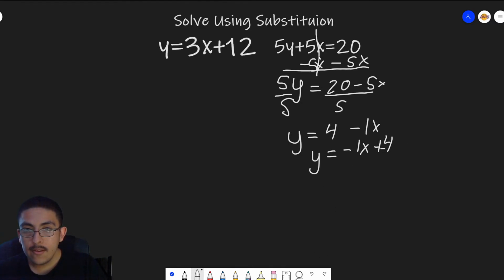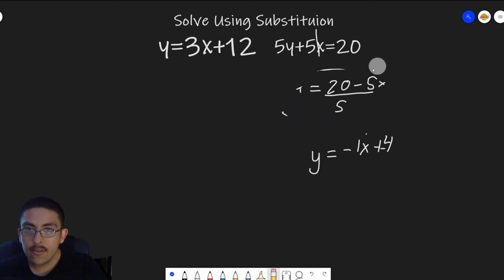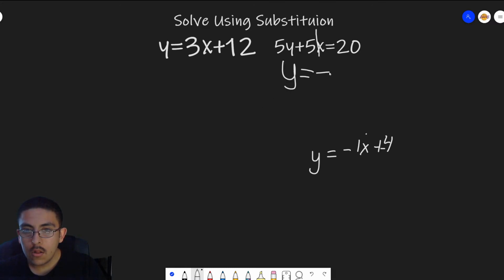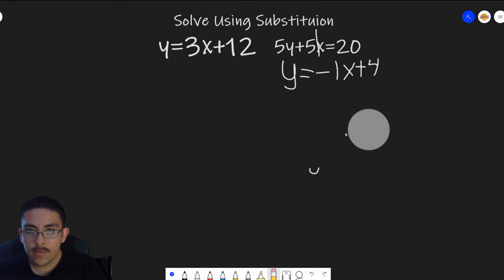And then this is this, but in slope-intercept form. So let's erase it and put it up there. We're not going to erase the whole thing. So let's just write it. Negative 1x plus 4.